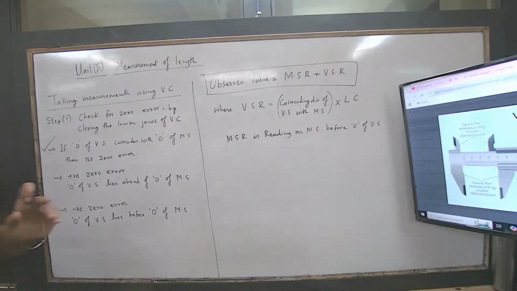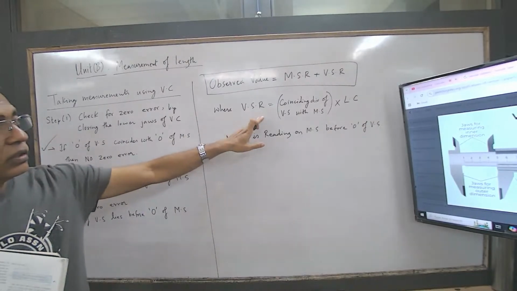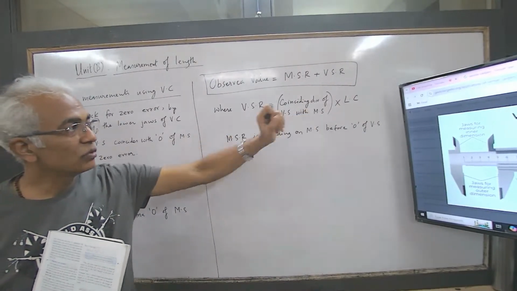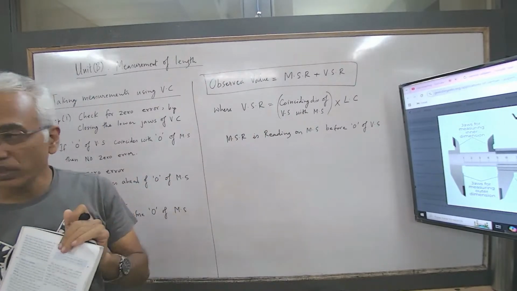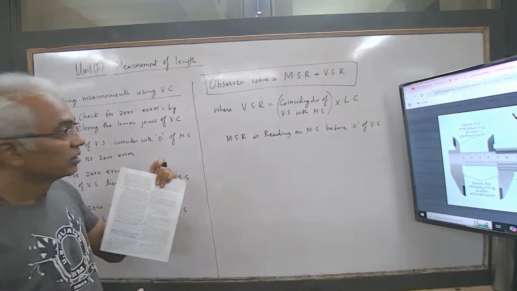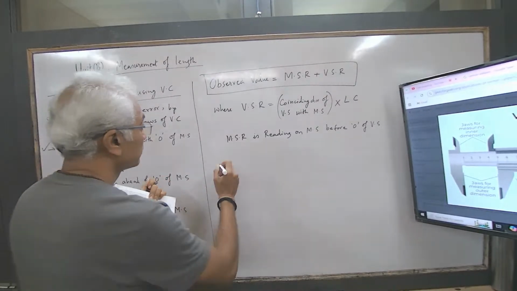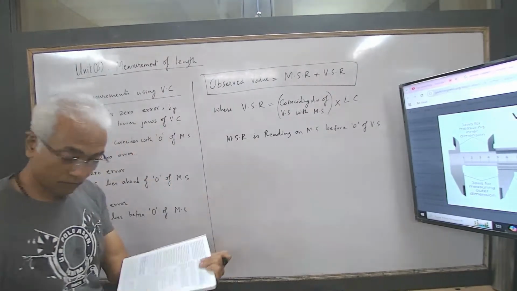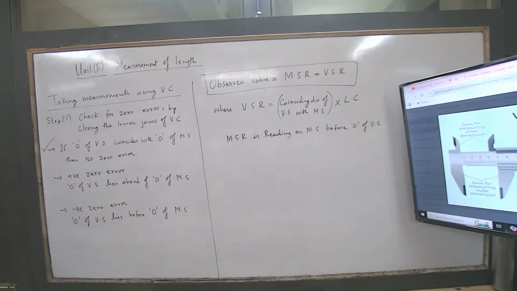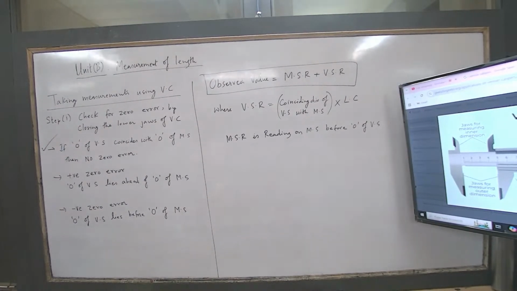Now what is the reading VSR? Coinciding division of vernier scale with main scale into LC. So that is given as P in your book. P is the coinciding division, right? So for this example, P is: the fourth division on the vernier scale is coinciding. See the diagram? Everybody see the diagram?